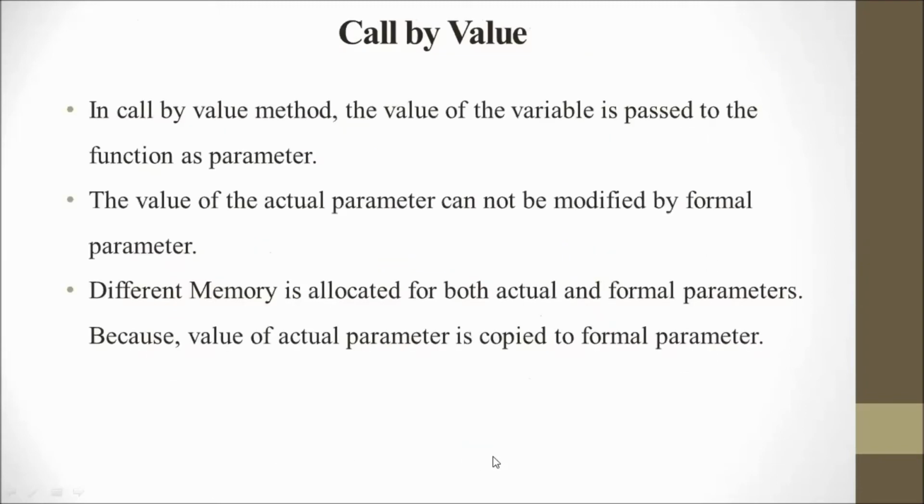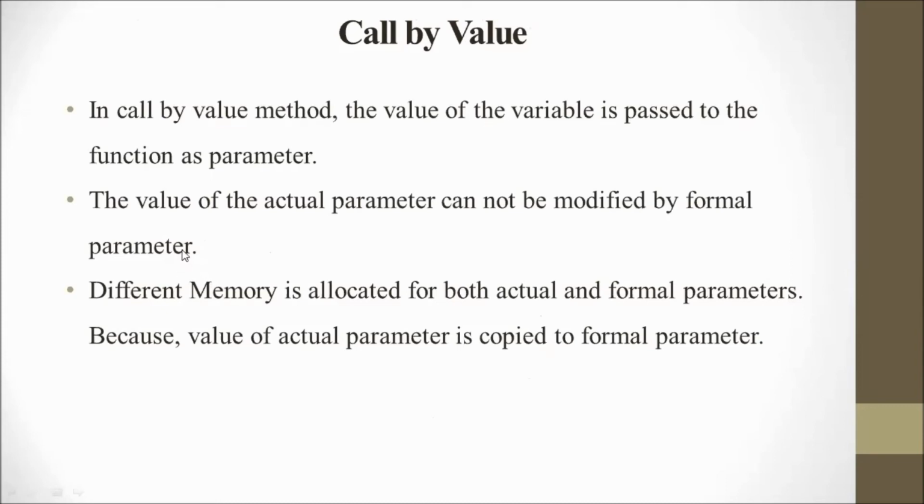Okay, here is the important concept of call by value. In the call by value method, the value of the variable is passed to the function as a parameter. And the value of the actual parameter cannot be modified by the formal parameter.